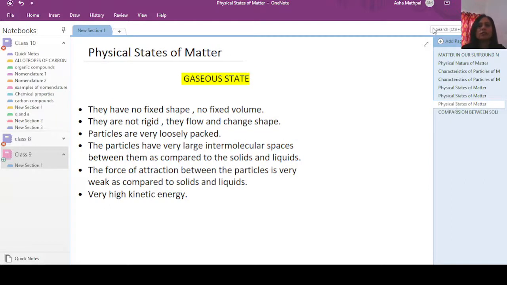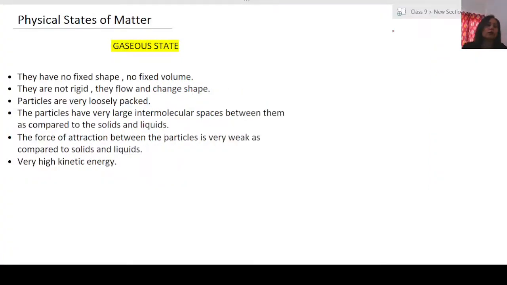In the gaseous state of matter, they have got no fixed shape, they have got no fixed volume. For example, if we are filling air inside a balloon and the balloon is round, it takes the shape of the balloon, it will come out round in shape, right? If you are filling the air inside a heart shaped balloon, it will take up the shape of the heart shaped balloon.